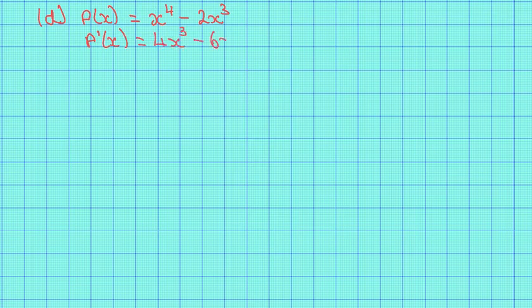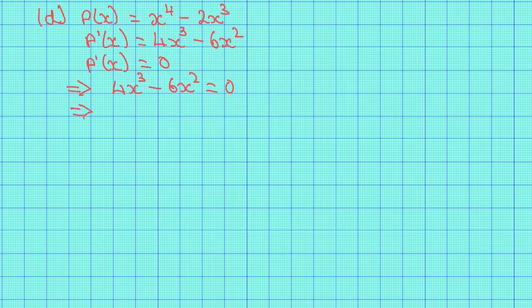And D, when f of x is equal to x to the power of 4 minus 2x cubed. So we need f dash of x, which is equal to 4x cubed minus 6x squared. So I want f dash of x to equal 0. Therefore, 4x cubed minus 6x squared equals 0.